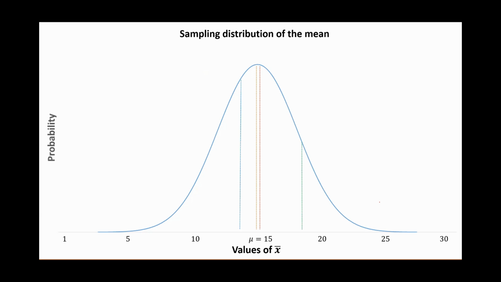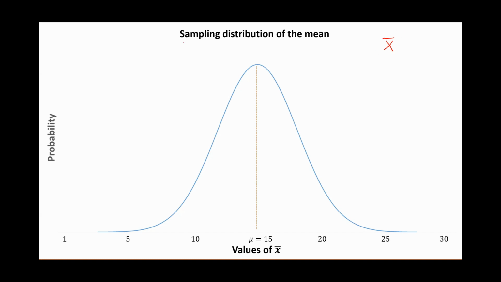Okay. So I want to connect these now. I want to connect what we talked about in terms of probability distributions and the sample mean. When you collect a sample from a population, and then you calculate a sample mean in that sample, that sample mean is a particular value from the distribution of the sample mean.